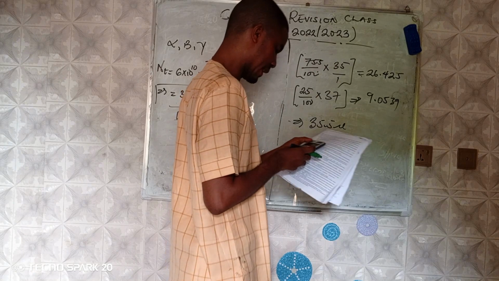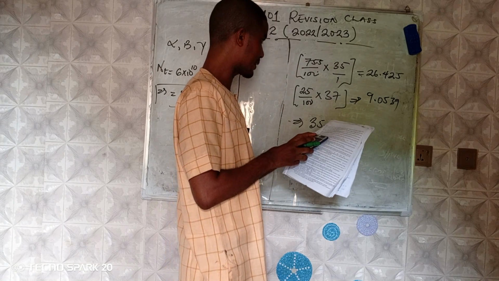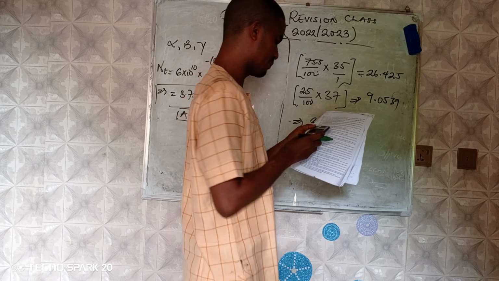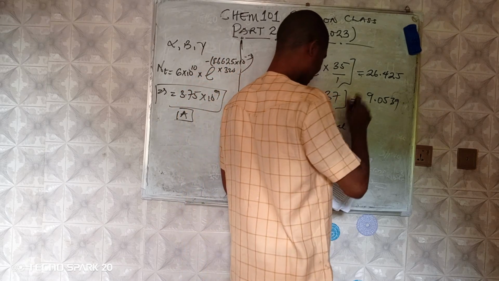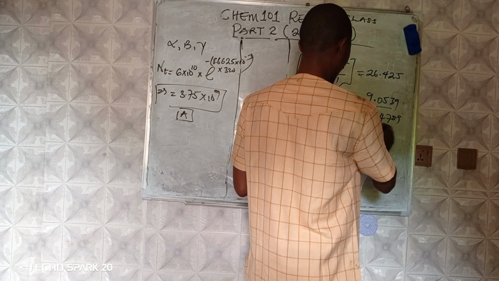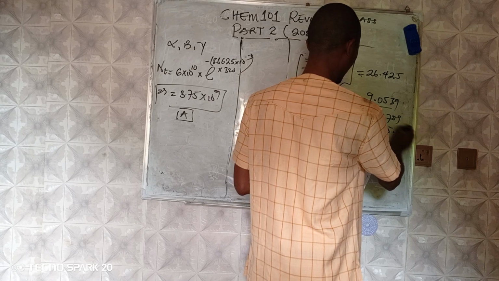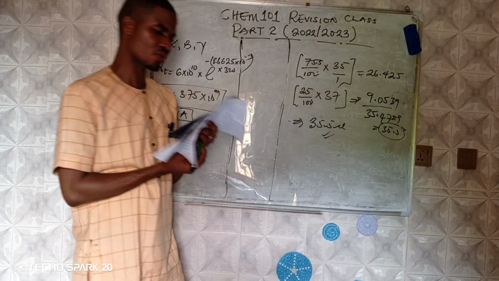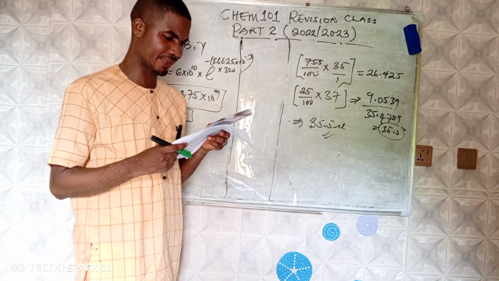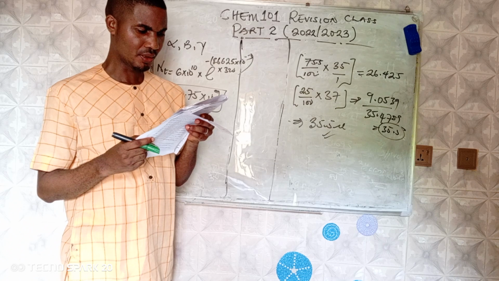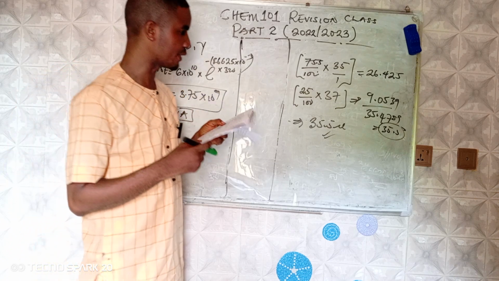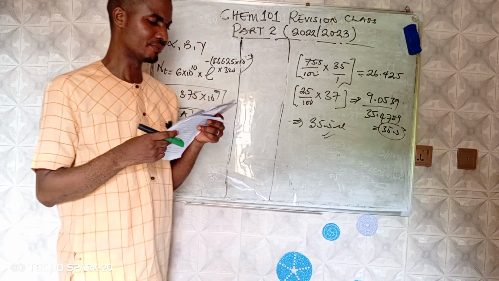If we add them together, we have 26.425 plus 9.0539, which gives 35.4789, approximately 35.5. So the correct option there will be 35.45. This is option A.